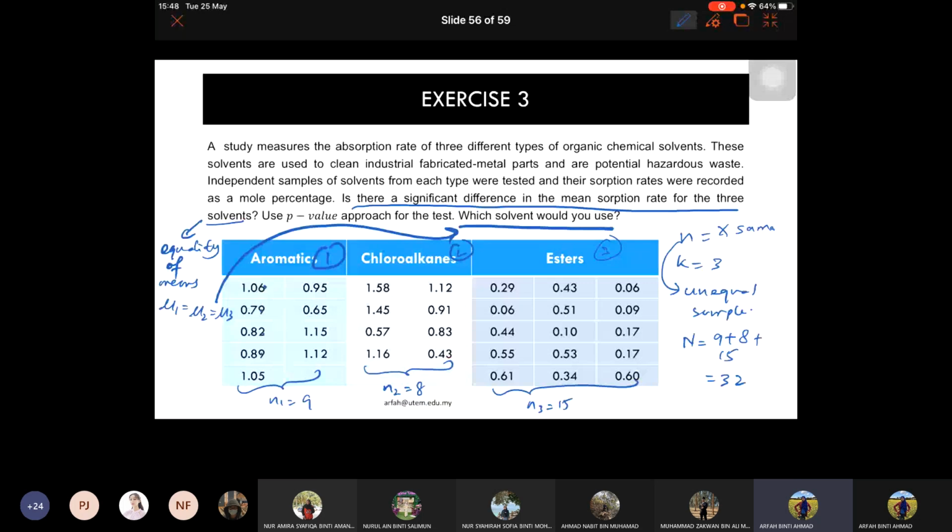It depends on the answer to the hypothesis testing. If there is a difference, we have to test them one by one. If there is no difference, meaning that you can choose either one of the solvents.